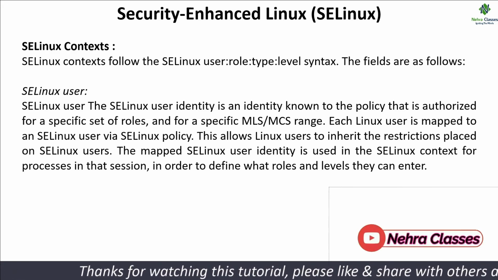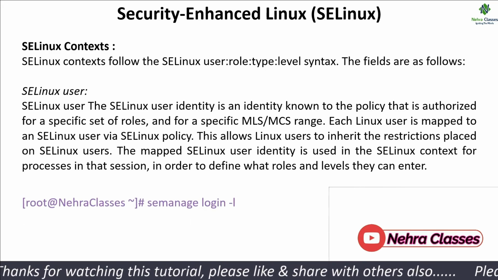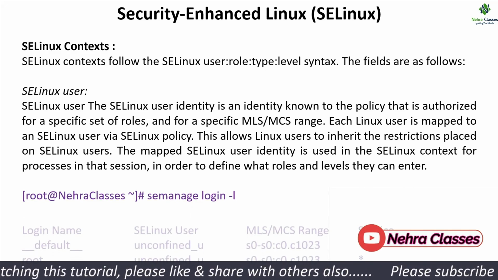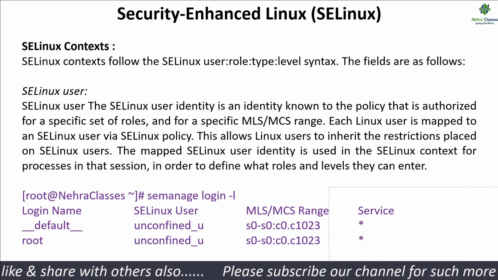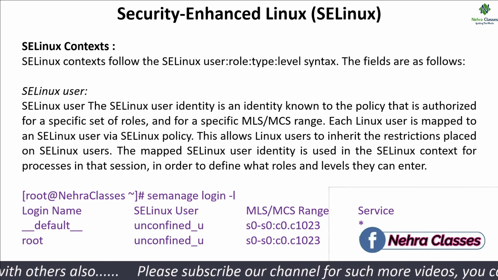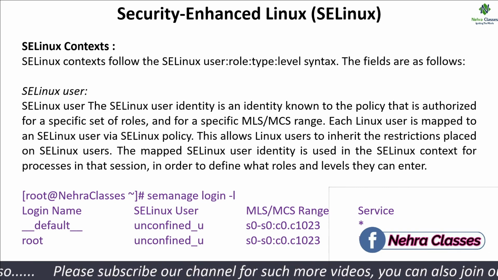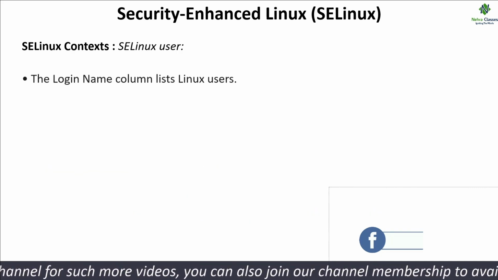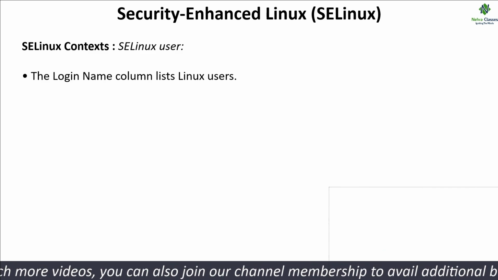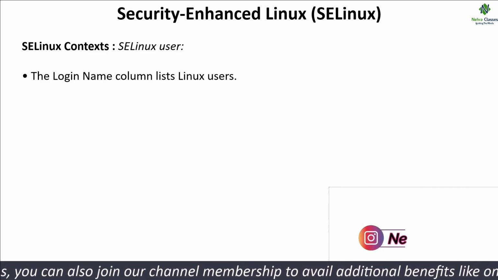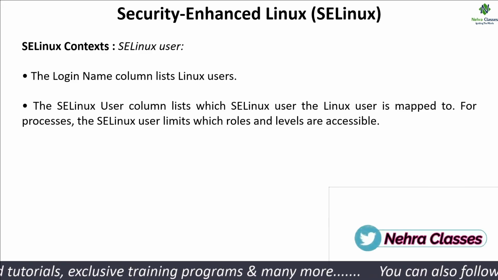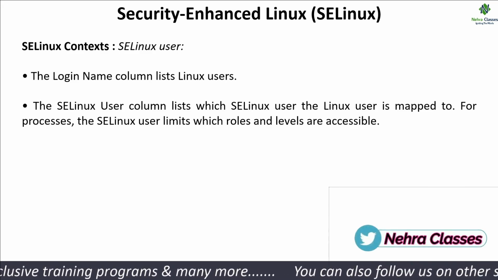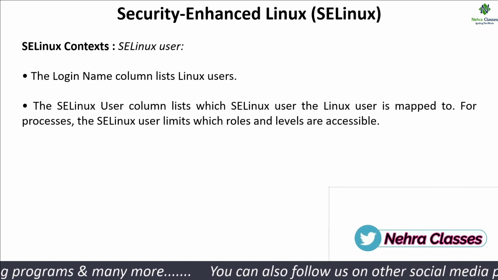Here you can execute the semanage login -l command. It will show you the login name, SELinux user, MLS or MCS range, and the service. The login name column lists Linux users. The SELinux user column lists which SELinux user the Linux user is mapped to.